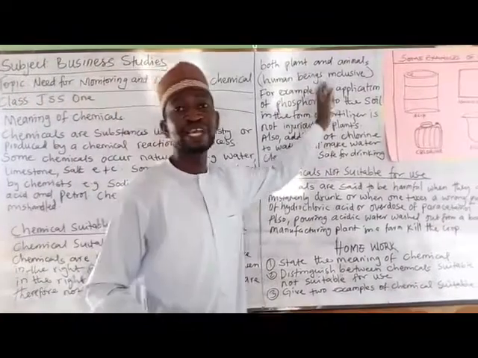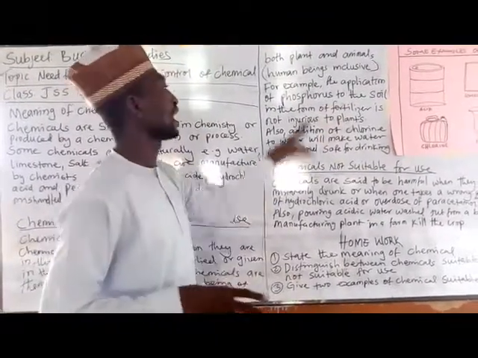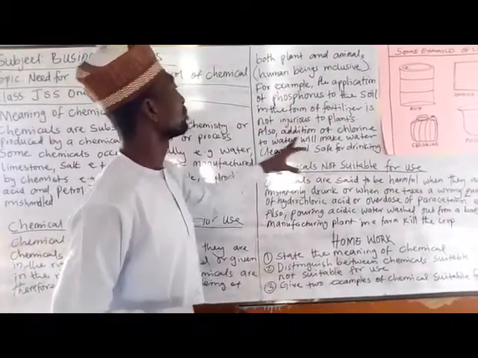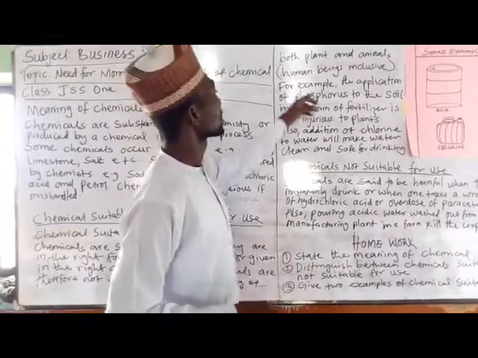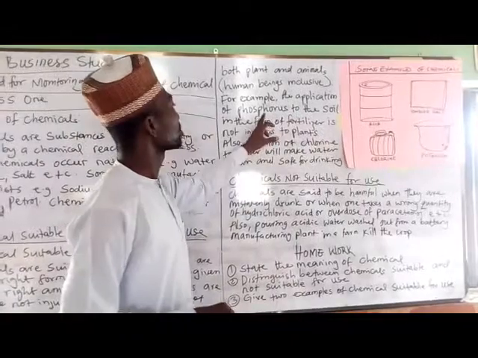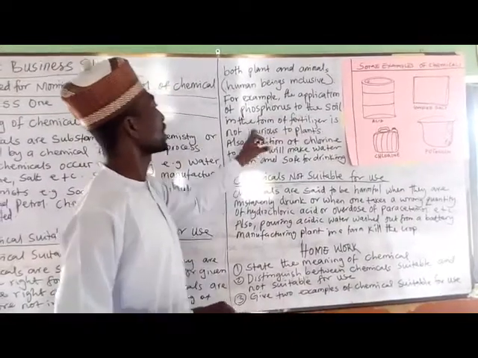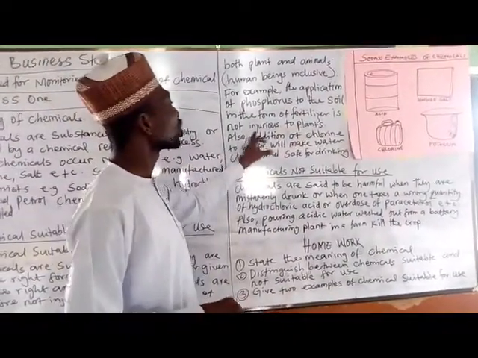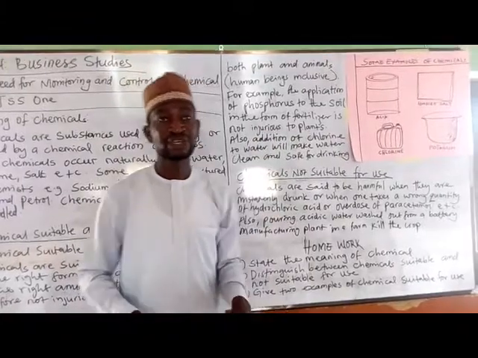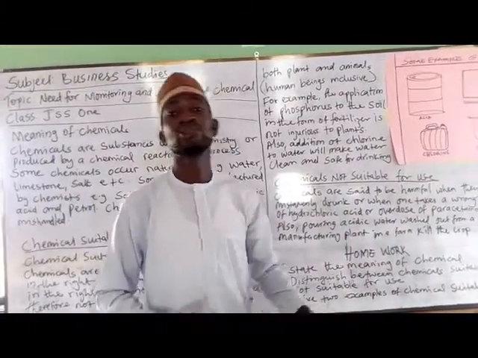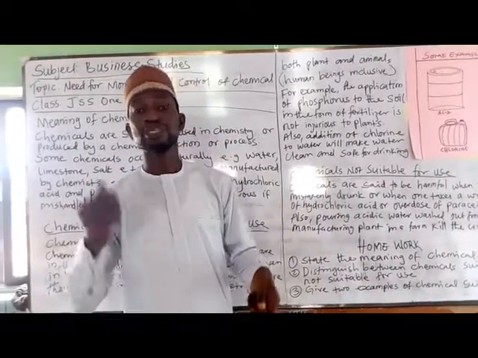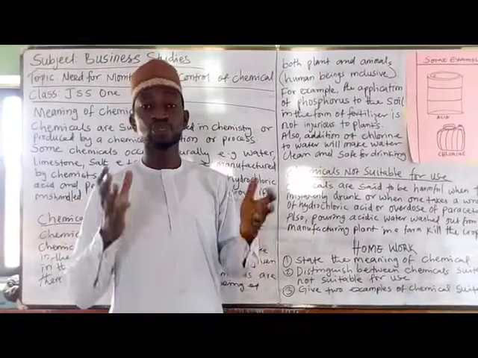These are some examples of chemicals that are not injurious. For example, the application of phosphorus to the soil in the form of fertilizer is not injurious to the plant. Yes, as farmers, they need to apply fertilizer to enable the crops germinate as well as grow well.